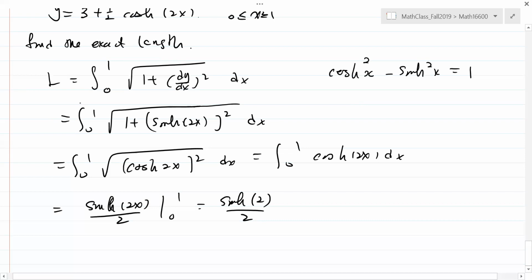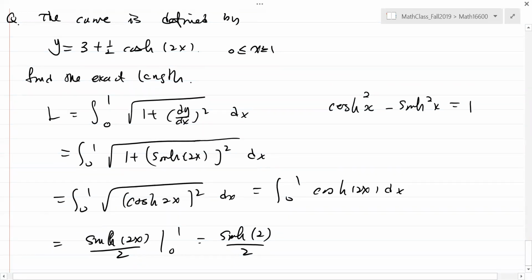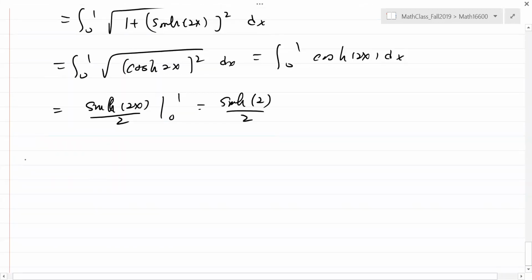Otherwise, you leave that and move on to the next problem. So most of the problems given on the test, you can get rid of radicals. So remember that. Be careful.